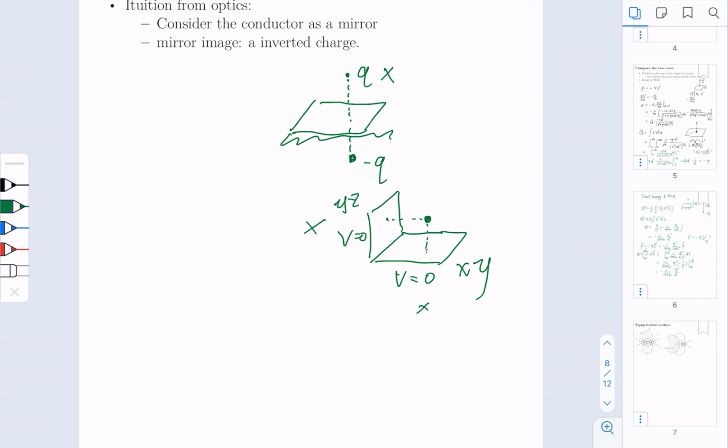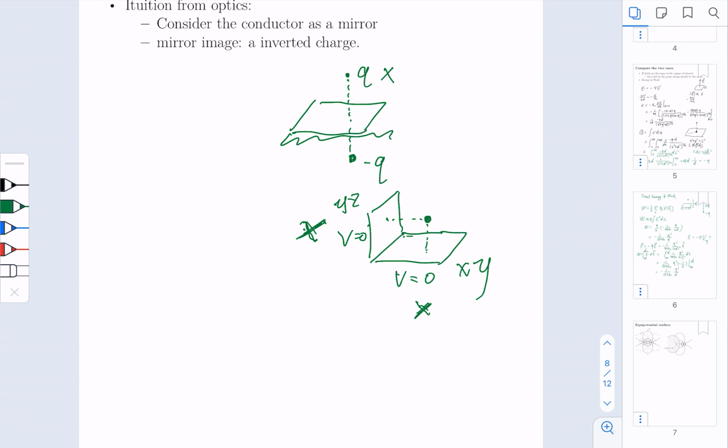Because if you look at this problem, the image charge over here solves your problem on the xy plane, so that gives you potential 0. However, if you add another point charge over here, then this cures the problem at the yz plane, but it introduces another problem at the xy plane.